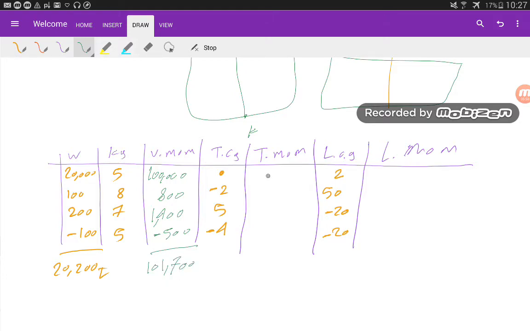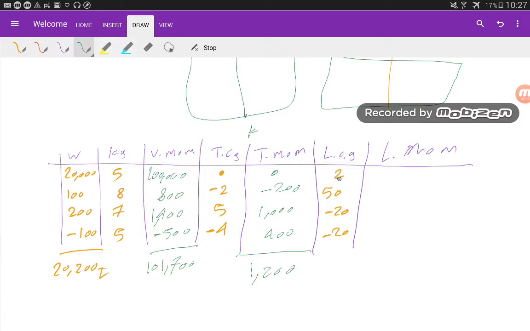Transversal moment: the first one will be 0, the next one -2 times 100 is -200, the next one 5 times 200 will be 1000, the next one -4 times -100 will be 400, and the sum of them will be 1200.